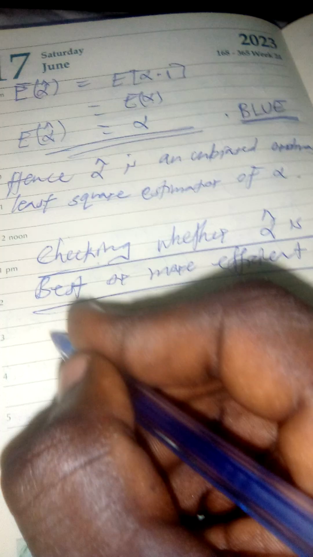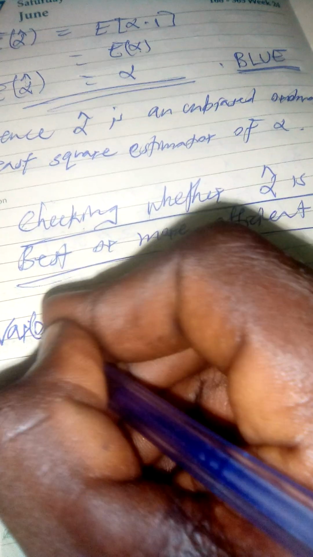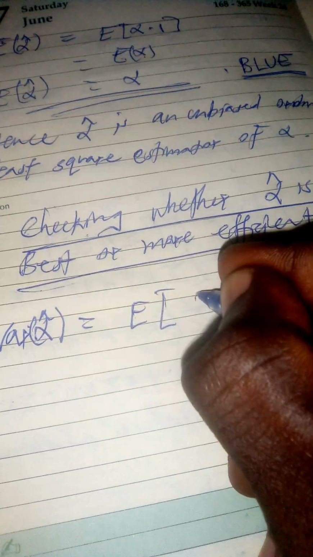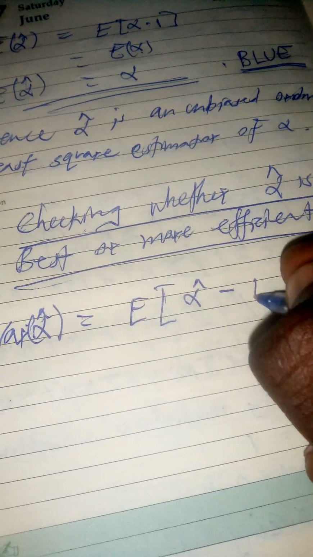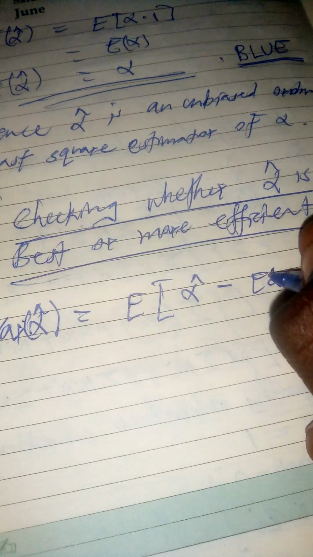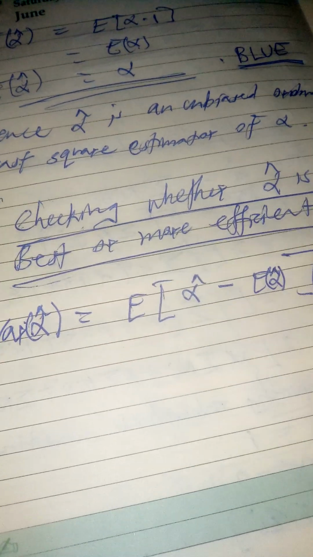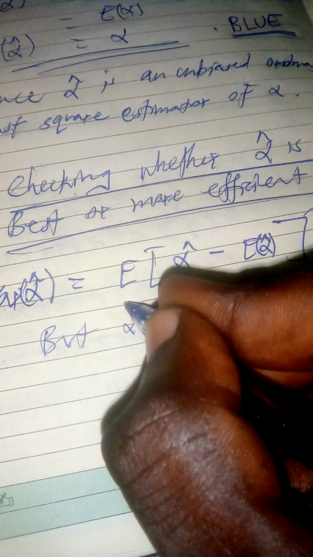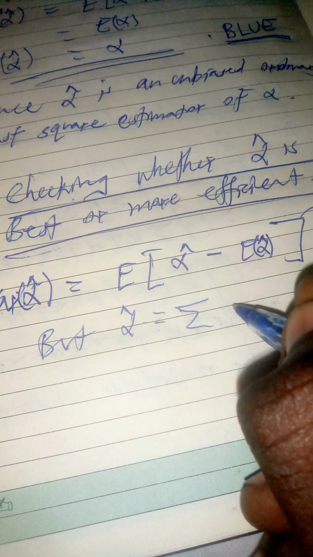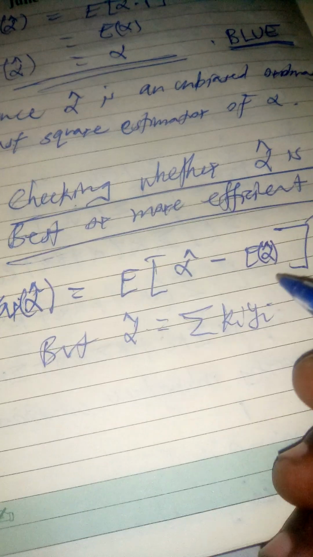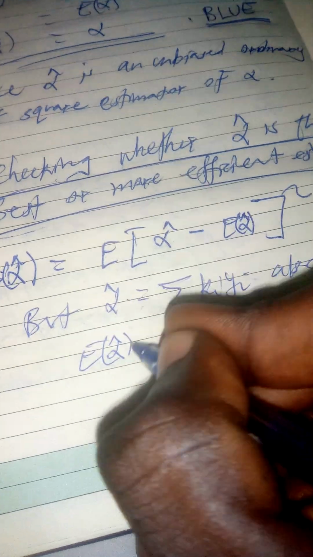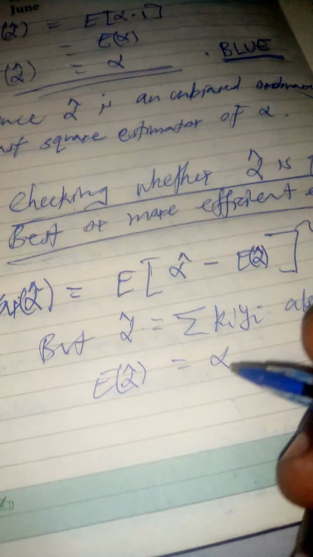We know that the variance of alpha hat is the expectation of alpha hat minus the expectation of alpha hat itself, the whole squared. But our alpha hat is the summation of ki yi, and the expectation of alpha hat we already saw gives us alpha.